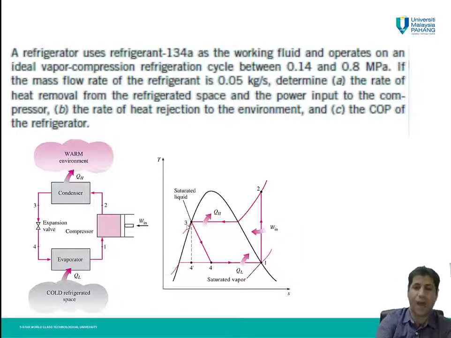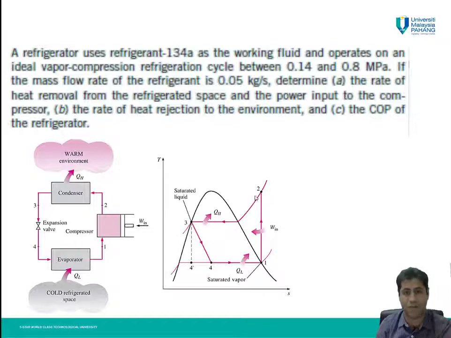Moreover, here we have more information about the pressures. We know that the ideal vapor compression refrigeration cycle, which we have here, is working between two different pressures. The minimum pressure is in the evaporator, or in the state 4 to 1, which is 0.14 megapascal, and the maximum pressure is for state 2 to 3.